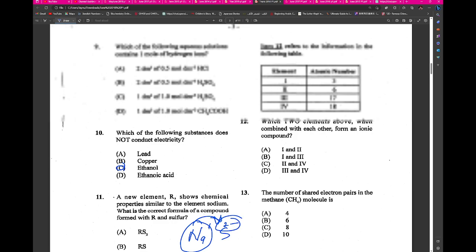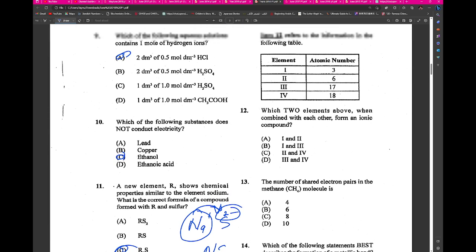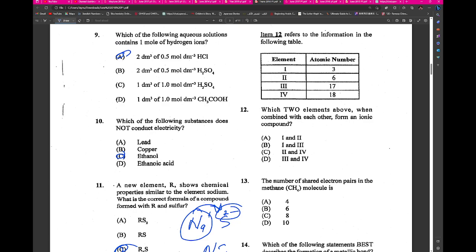Which two elements above, when combined with each other, form an ionic compound? Alright, so the atomic number here is 3. Remember, atomic number and number of electrons are the same. So if you have atomic number 3, we know our electronic configuration would be 2, 1.